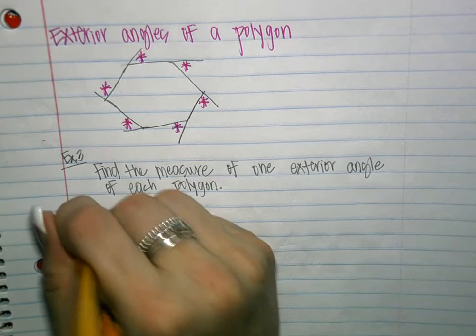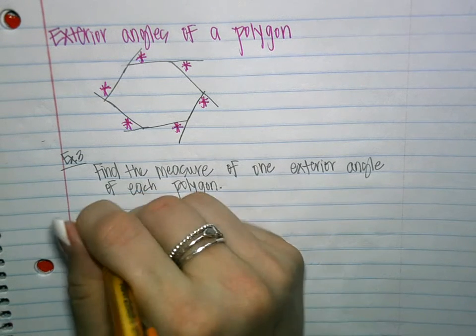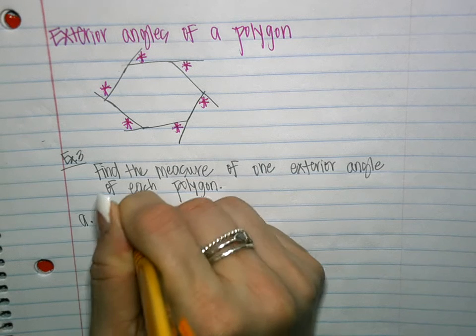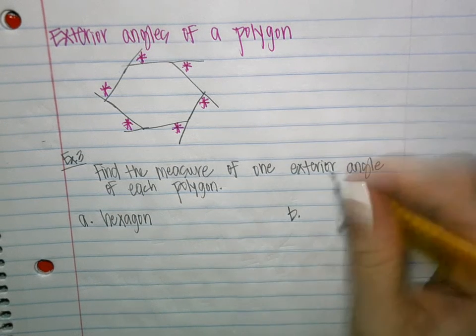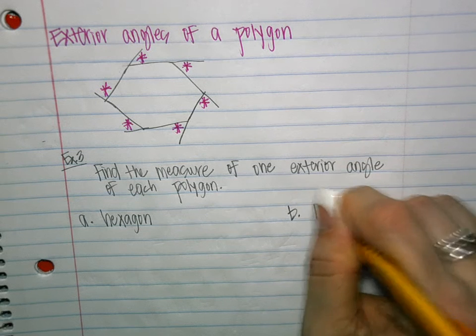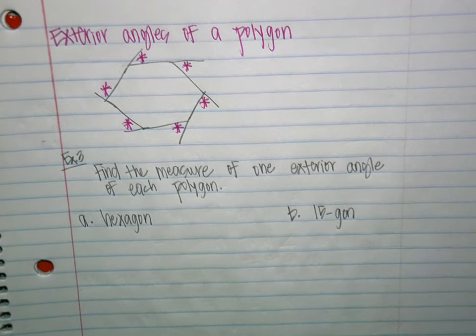The first one, let's use our hexagon, the one I just drew. And then I'd also like you to find the exterior measure of a 15-gon. You can do this.